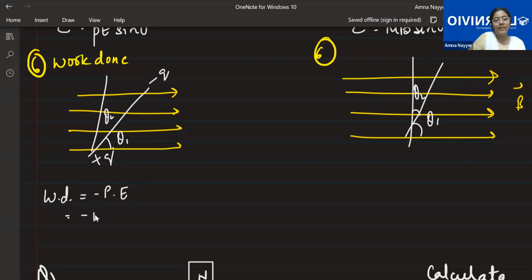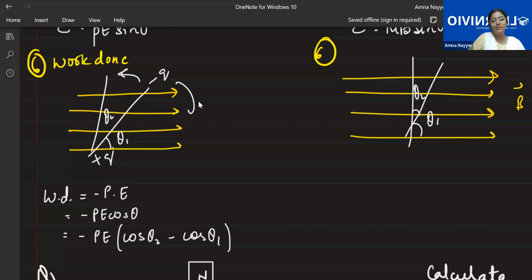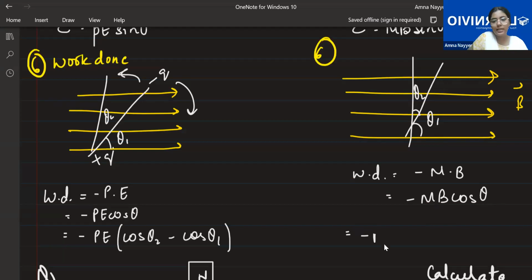That was minus PE cos theta, or for the expanded one, you have minus PE, cos theta 2 minus cos theta 1, when it is rotating like this. Here also the work done or potential energy will be minus M dot B, which is equal to minus MB cos theta. This is equal to minus MB, cos theta 2 minus cos theta 1.